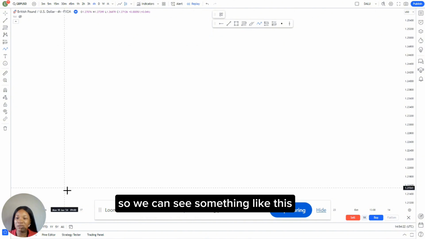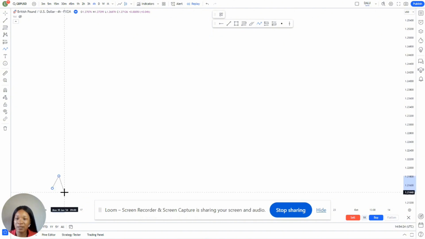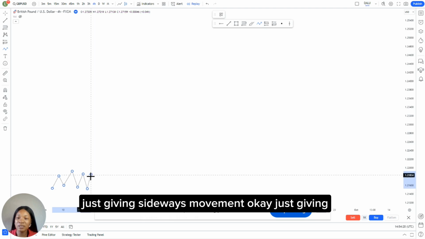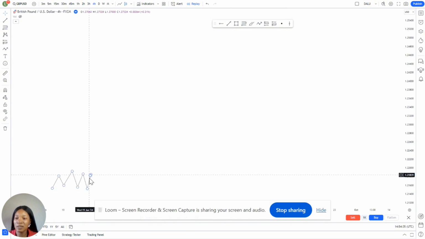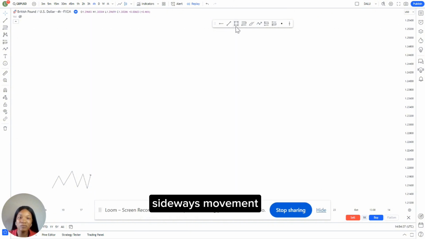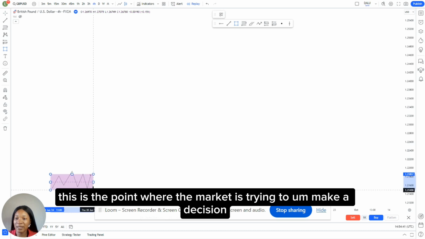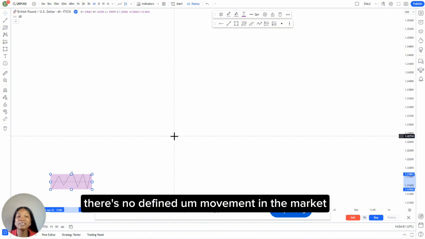So we can see something like this, where the market is just trying to accumulate orders, just giving sideways movement. This is the point where the market is trying to make a decision. There's no defined movement in the market.